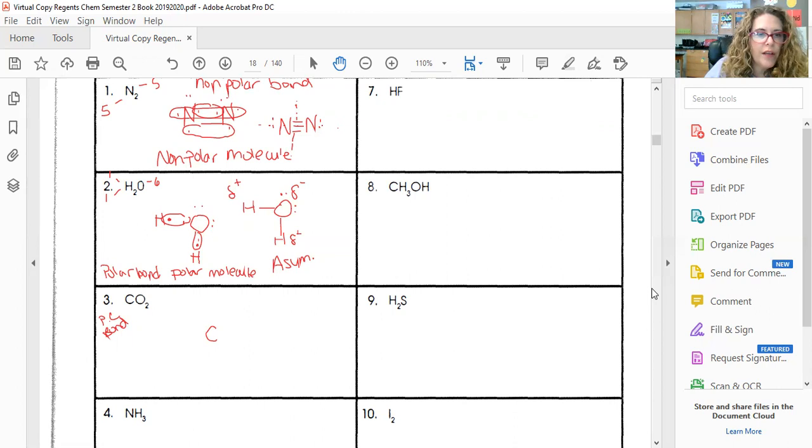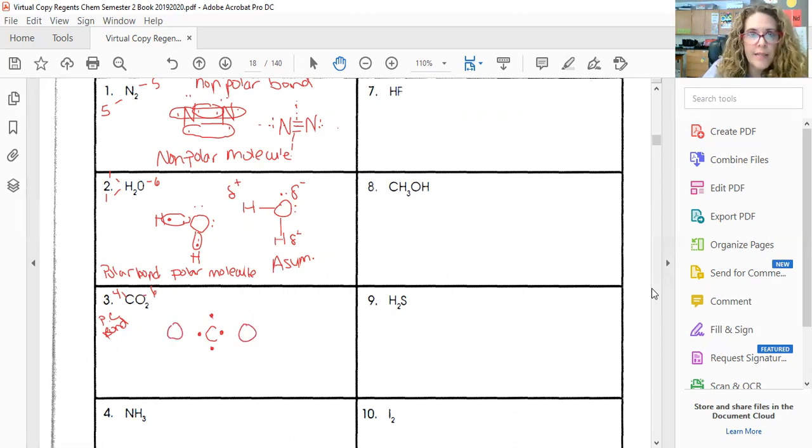Carbon has 4 valence electrons, and each of these oxygens has 6. So carbon has its 4 valence electrons, so 1, 2, and 3, and 4. Try to make my electrons look prettier. And now I have 2 oxygens, so I'm just going to put an oxygen over here, and an oxygen over here.